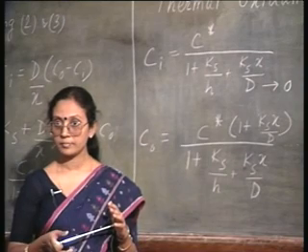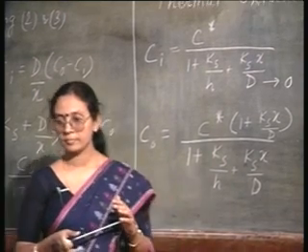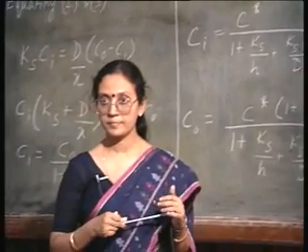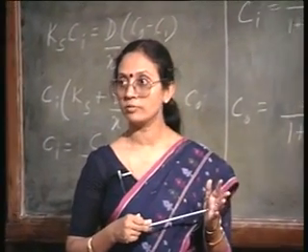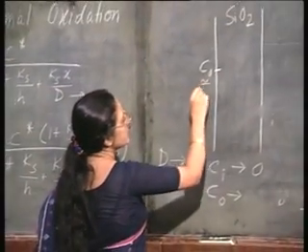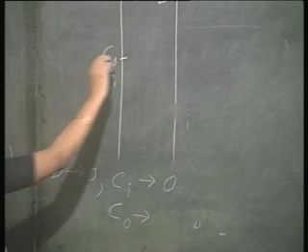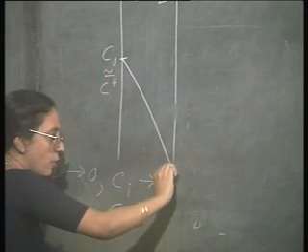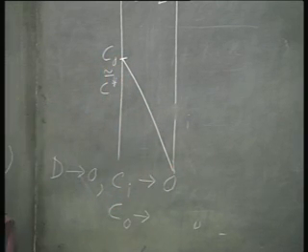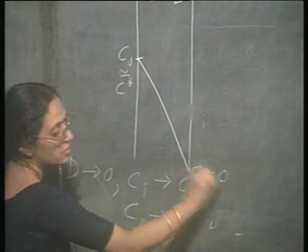Agreed? Yes? So, then in that limiting case, C naught is approximately equal to C star, and from there is a steep fall like this, Ci is tending to 0.